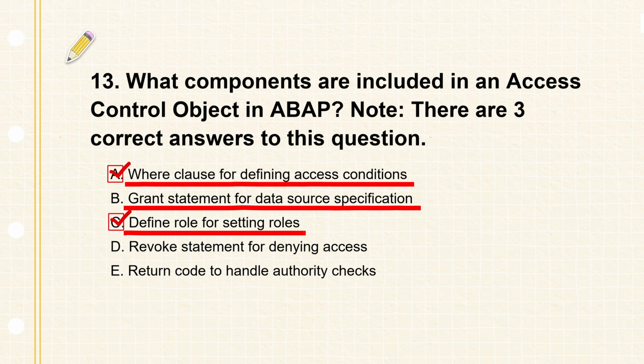Defining roles is integral to managing who can access what data. Correct. The revoke statement or its equivalent functionality is used to deny access explicitly. Incorrect. While authority checks are common, they typically do not involve a return code in the context of access control objects.